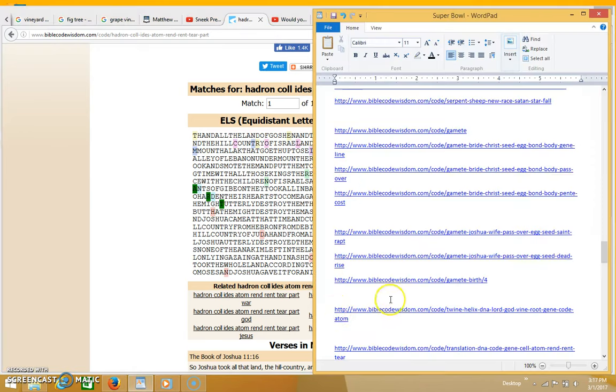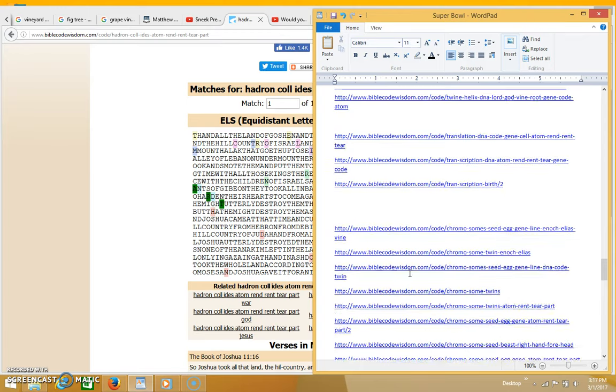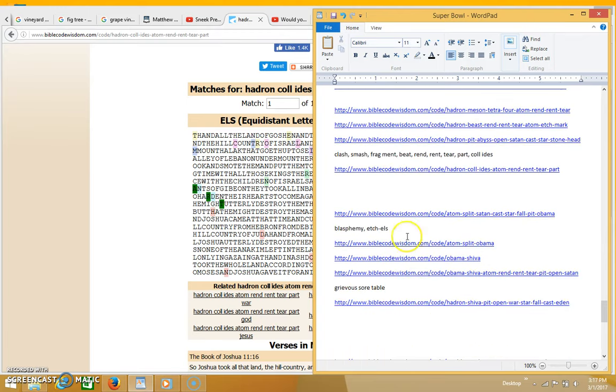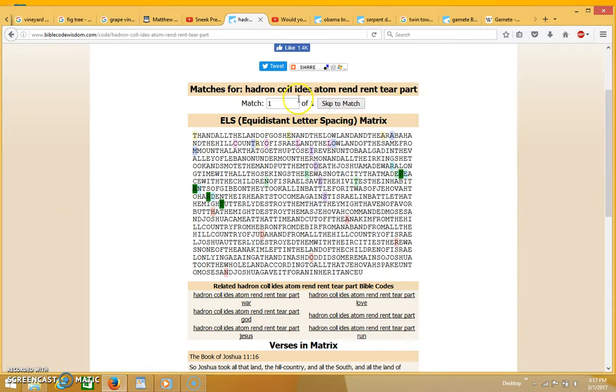And there's all these other words that come up as well. Clash, smash, fragment comes up in two parts, beat. So these other words come up with the word hadron. I couldn't get collider to come up or collides to come up in one word, but all these other words that mean the same thing come up.